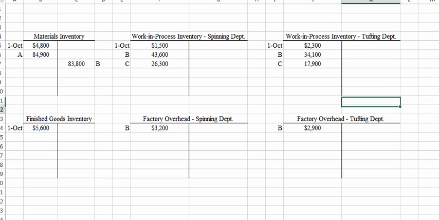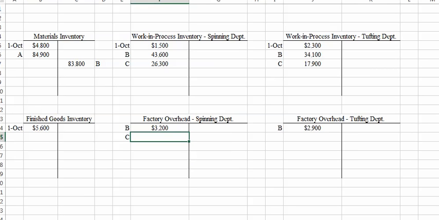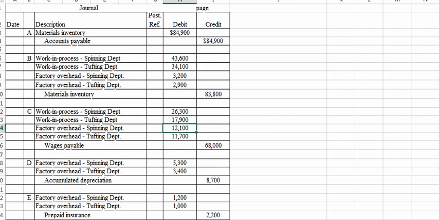Okay, we'll also be debiting our factory overhead accounts by department on C. I believe that was for indirect labor. $12,100 for the spinning department. And then for the tufting department, $11,700.